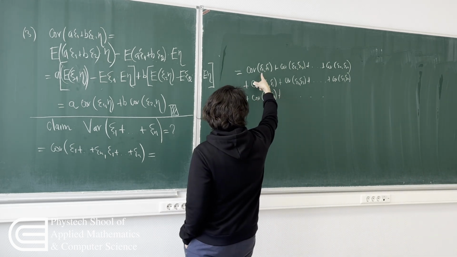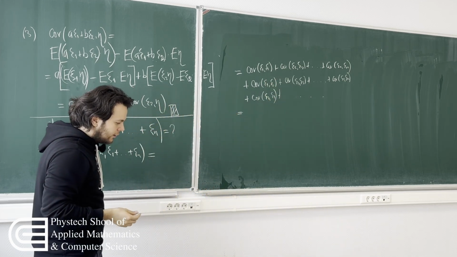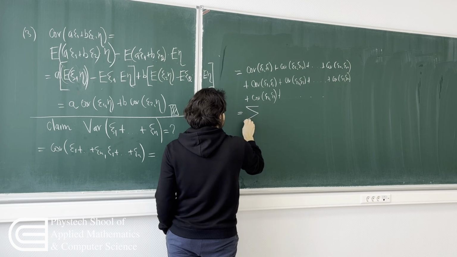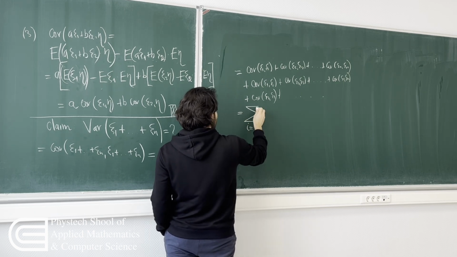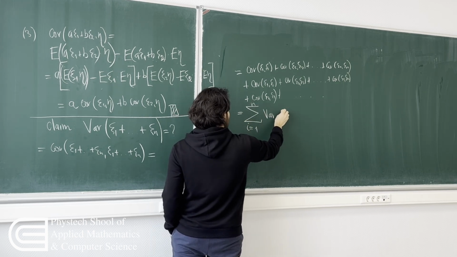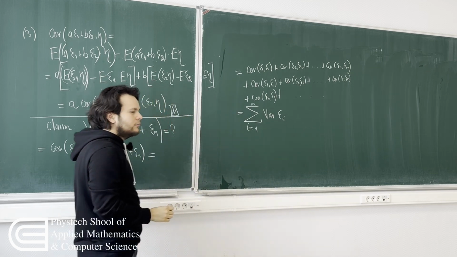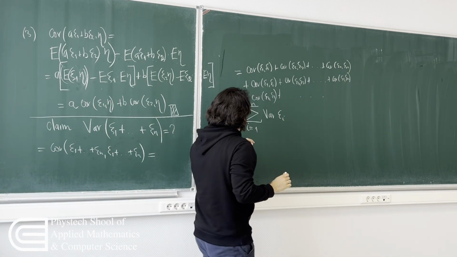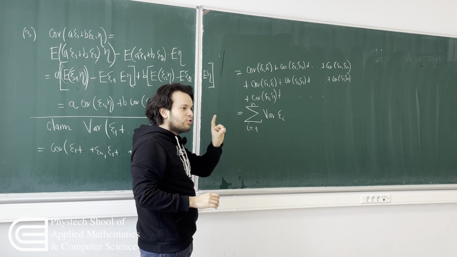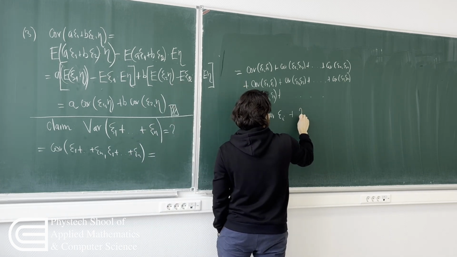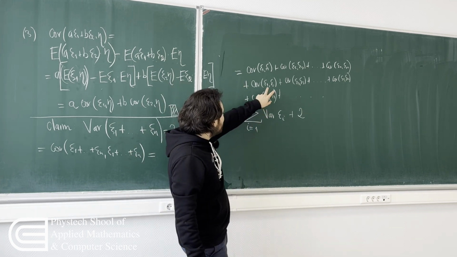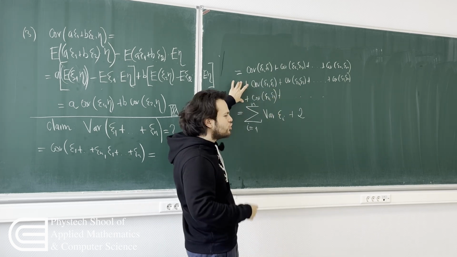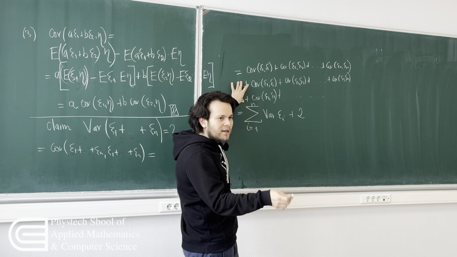So what is the variance of xi1, xi1? It's the variance of xi1, right? So this is just the sum from 1 to n of the variance of xi. Yes. So this is this part right here. And this will have 2 times, because we can see that we have covariance of xi1, xi2, and xi2, xi1, which is the same. So this is the same as having 2 times the covariance of xi1, xi2.